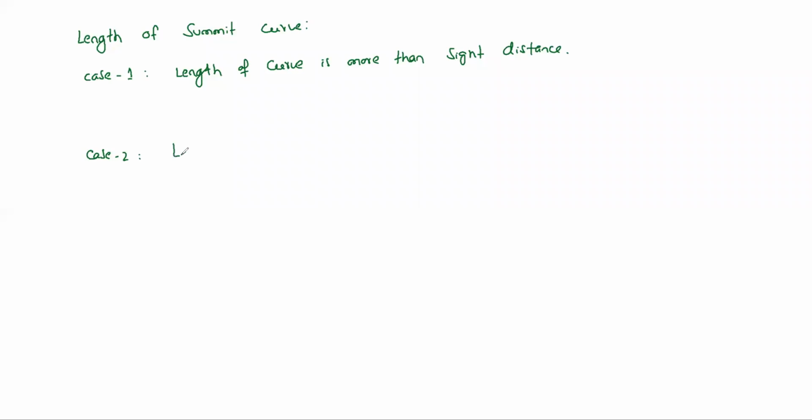And case 2, sometimes the length of curve may be less than sight distance. So in one case L is more than S, and here L is less than S. Basically, the SSD requirement is different, and the OSD or ISD requirement is different. So the SSD requirement is like this.